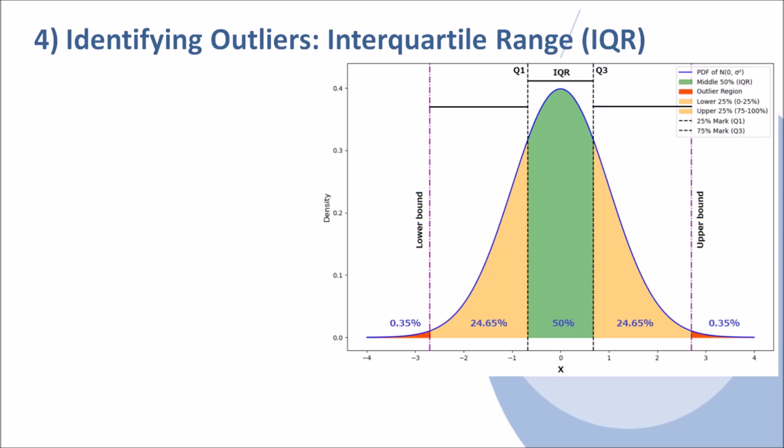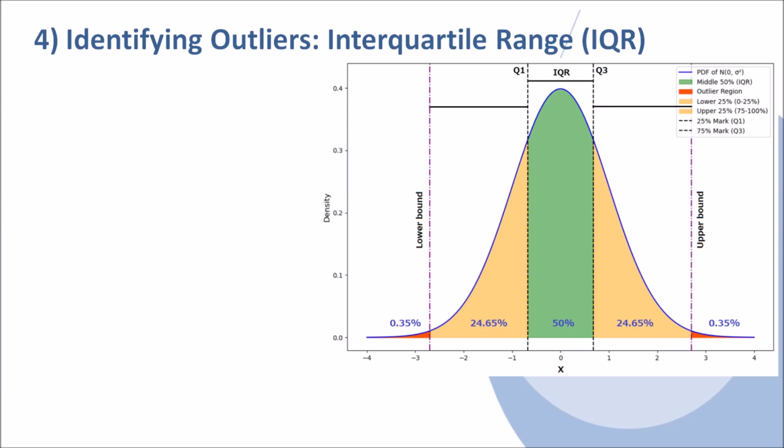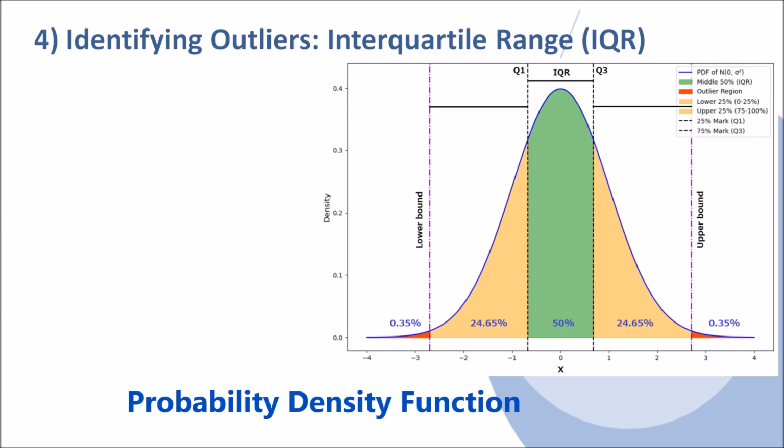A histogram shows raw counts or frequency of data, while a probability density function smooths the histogram into a continuous function. That is the difference. Therefore, drawing a probability density function for a numeric feature is important in order to know the distribution of the data.